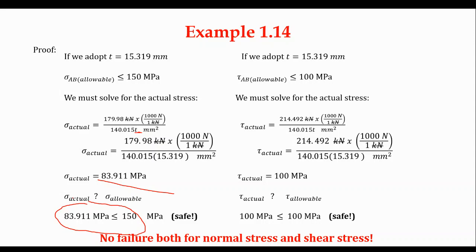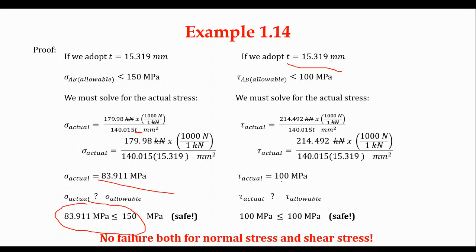How about sa shear? So, kung sa shear naman, adapt pa rin natin yung T equal to 15.319 and then solve for the actual shear stress. So, 214.492 convert to Newton divided by area. The area is 140.015 T. Okay, so, ang actual stress, substitute tag T equal to 15.319.